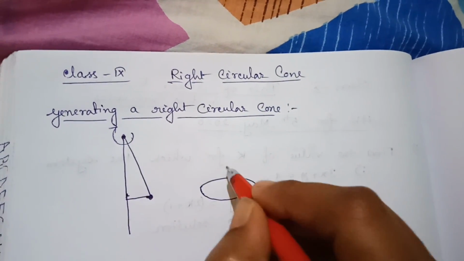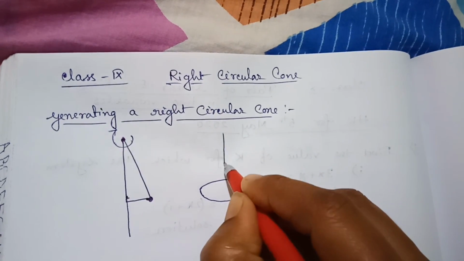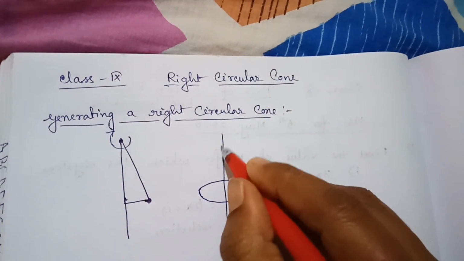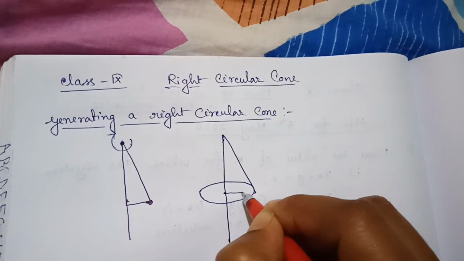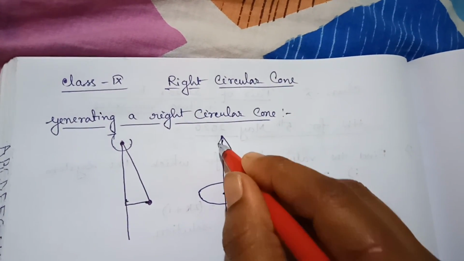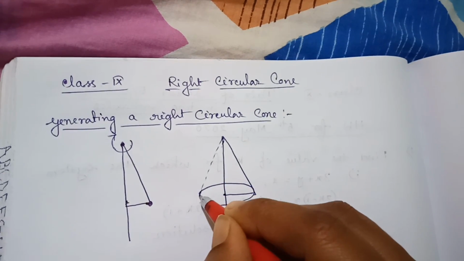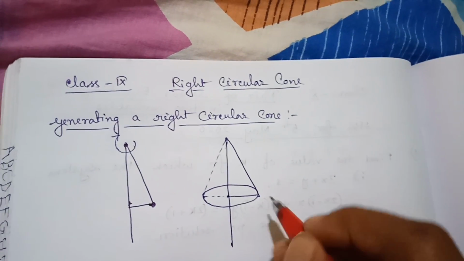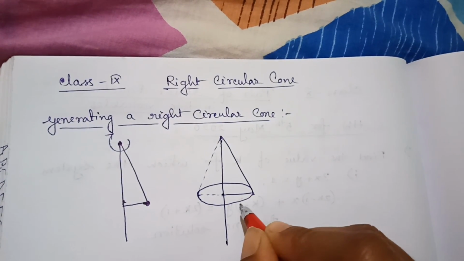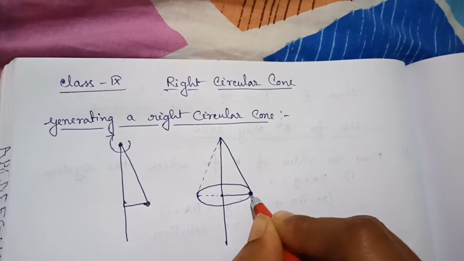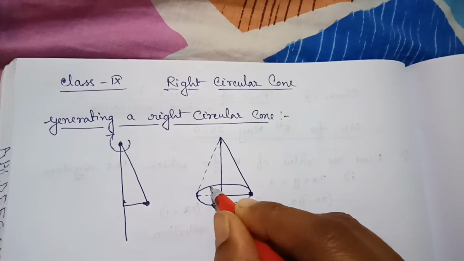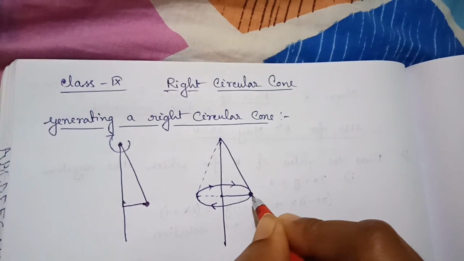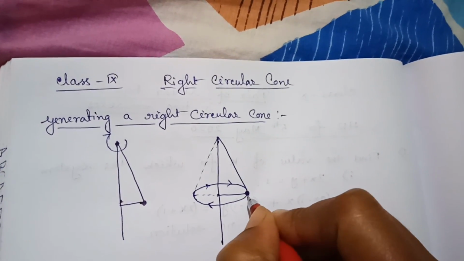And the right triangle will make this type of figure. Yes or no? This particular point comes this side, and this way, and this way, and finally will come here.